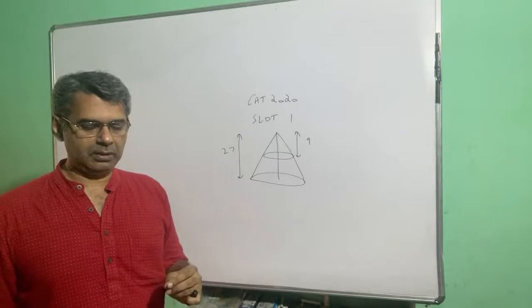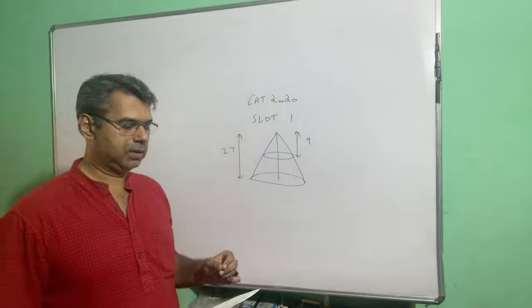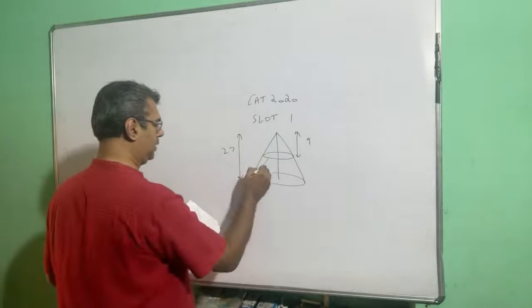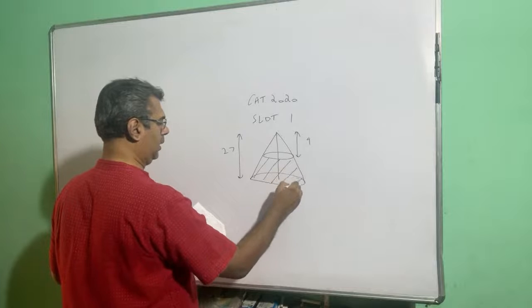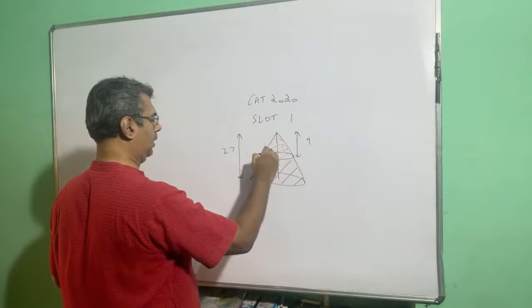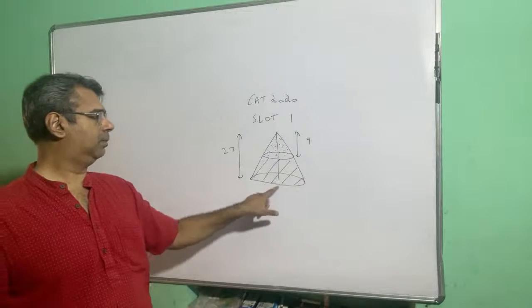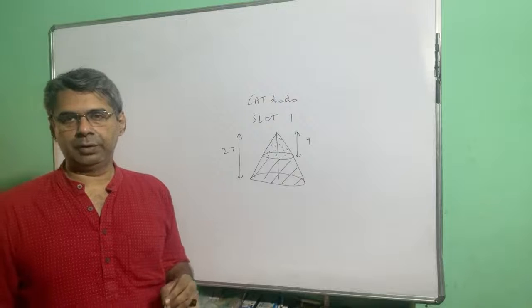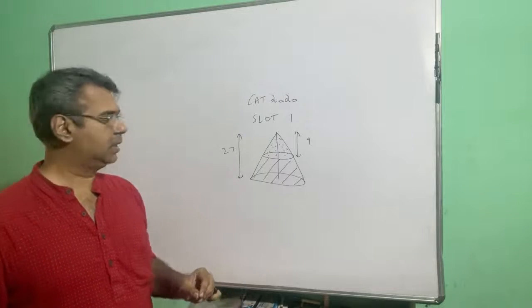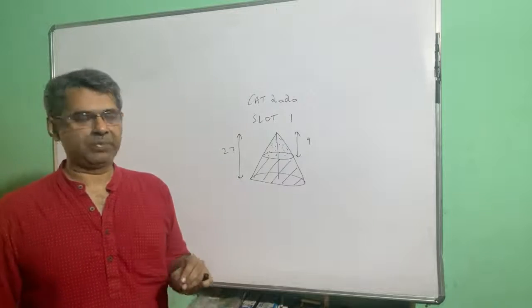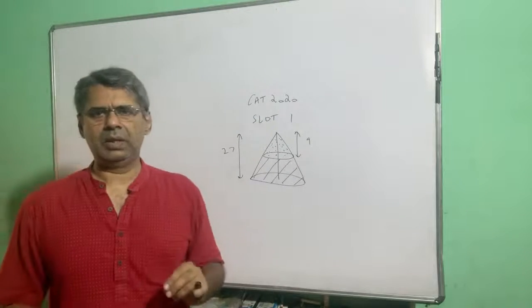The question was: if the difference of the bottom volume and the top volume is 225 cubic units, what is the volume of the original cone? This question came in CAT 2020 slot 1.